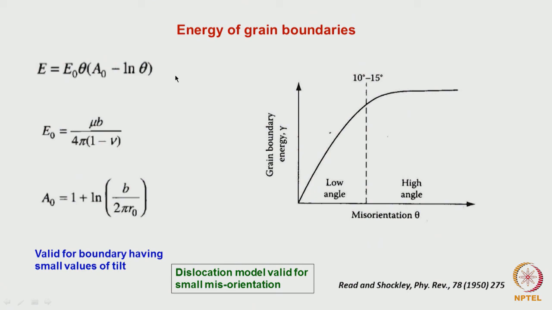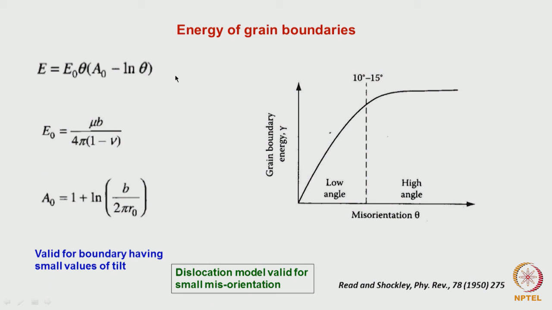It cannot happen. The reason essentially is that this is based on the assumption that each dislocation remains as an individual dislocation. Beyond a particular angle theta, we can calculate what is going to be the separation between the dislocations.